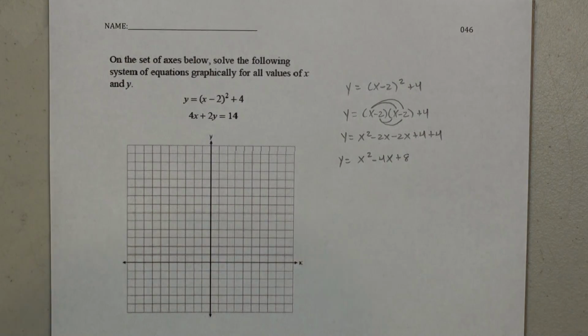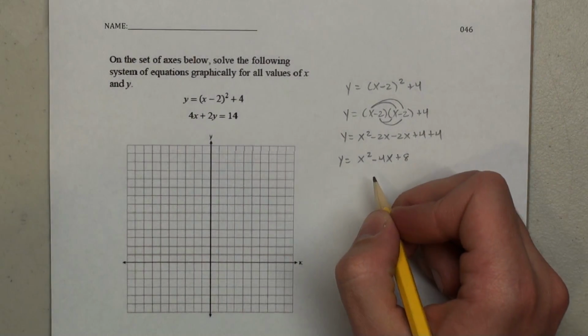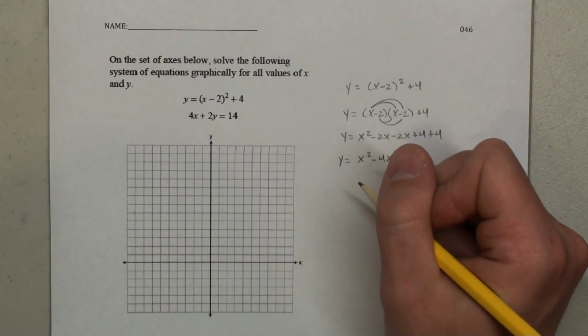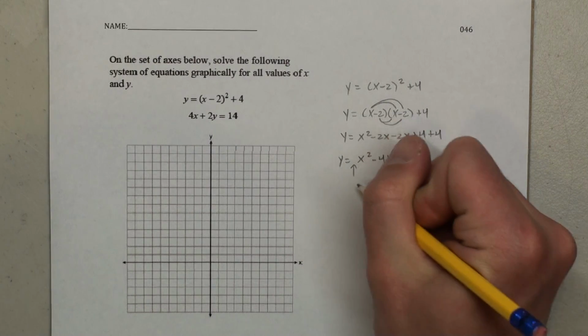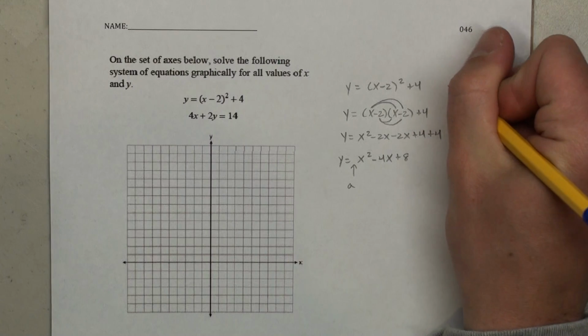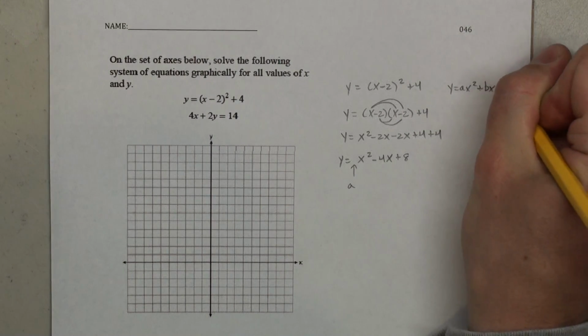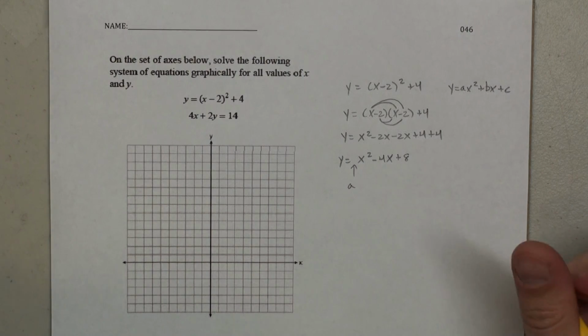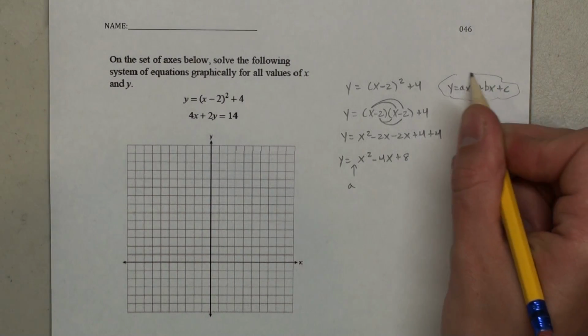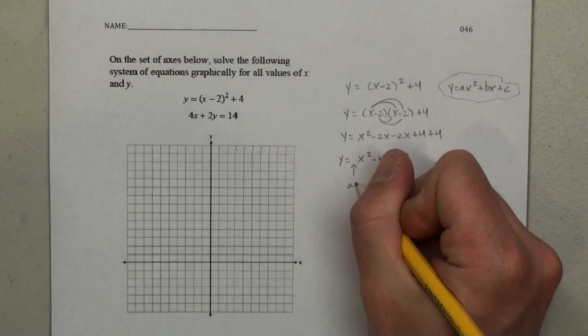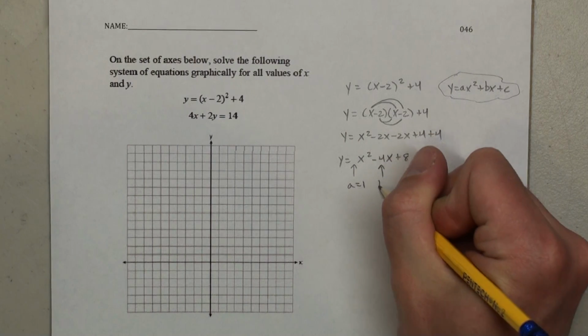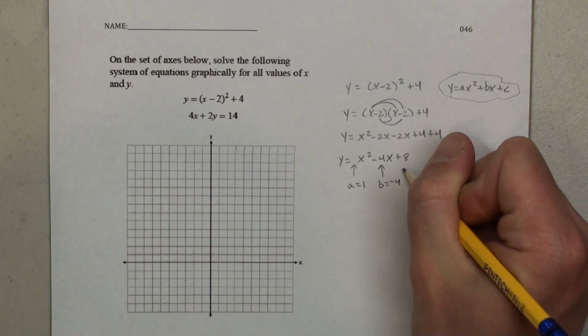Okay? Now, I'm in y equals ax squared plus bx plus c form. That's what we want, right? So here's my a, which is 1. Here's my b, which is -4.